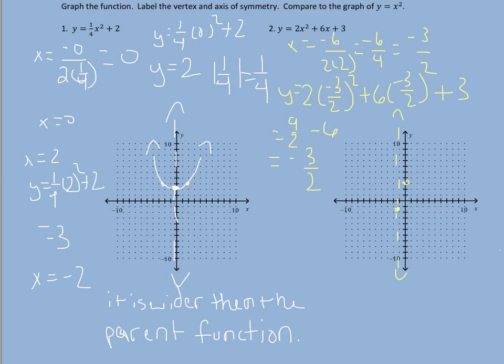And then I would pick -3, plug that in, you get 3 squared is 9 times 2 is 18. Plus 6 times -3 is -18, plus 3, so you get 3.